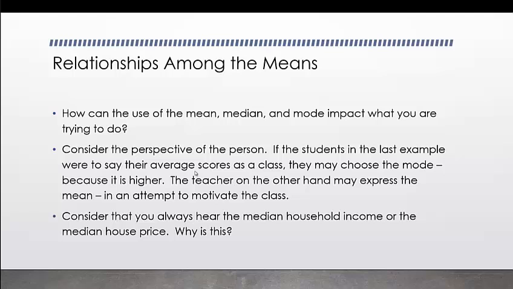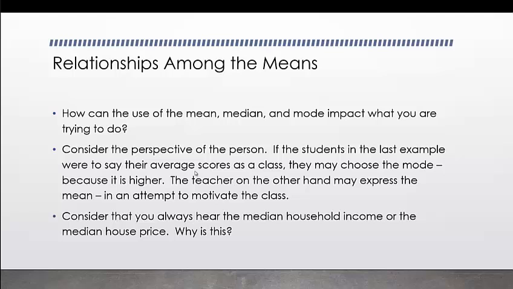And that would not be a lie, but that's what they would use because they wanted to show that everybody's doing well. The teacher, on the other hand, may express the actual mean of 78.5 in an attempt to motivate those who are not doing so well, okay? So depending on what your goal is, and your ethics of how you're going to get to that goal, you would express average in various ways.